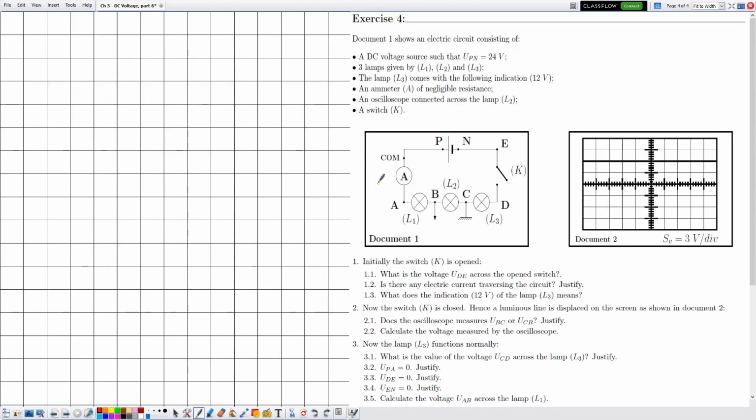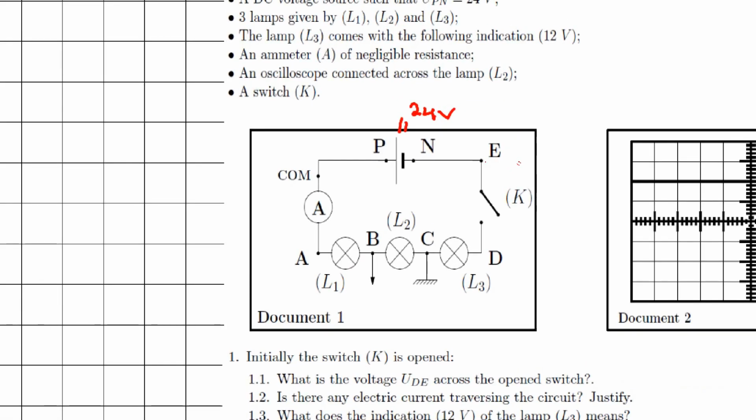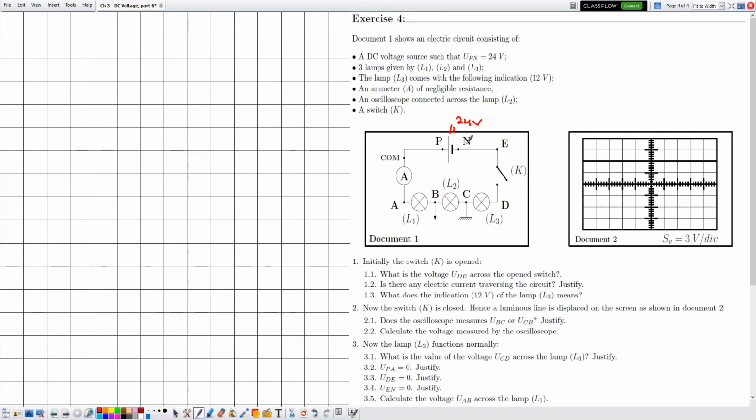Now in exercise number 4 they are telling me document 1 shows an electric circuit consisting of a DC voltage source such that UPN is equal to 24 volts, 3 lamps given by L1, L2 and L3. The lamp L3 comes with the following indication, which is 12 volt.